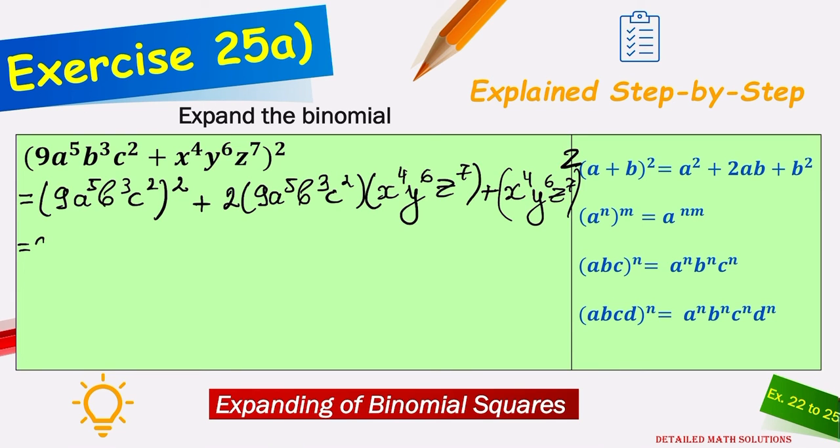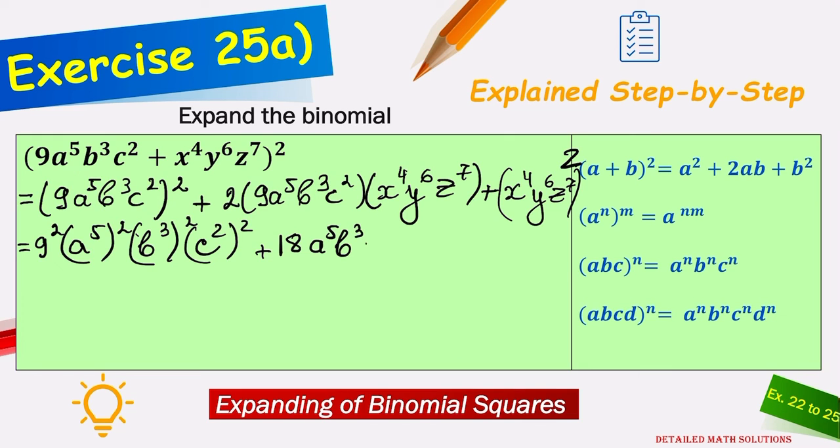This equals 9 squared a^5 to the 2nd power, b^3 to the 2nd power, c^2 to the 2nd, plus 18 a^5 b^3 c^2 x^4 y^6 z^7, plus x^8 y^12 z^14.